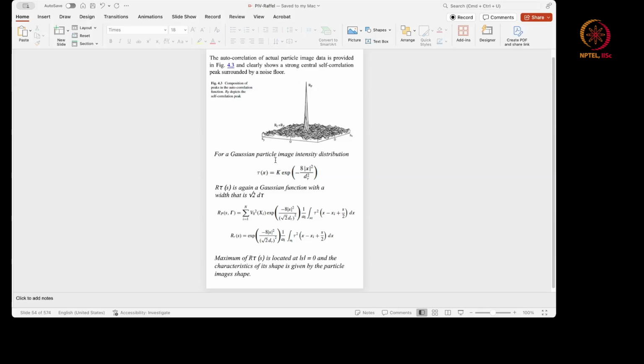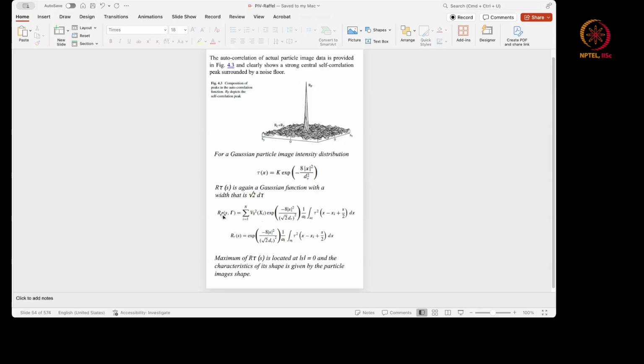Now for a Gaussian particle image intensity distribution, this tau(x), which was basically the Airy function or the spread function, is given as this. R_tau is again a Gaussian function. Let's assume R_tau is a Gaussian function with a width that is root over d_tau. This is the same as this.